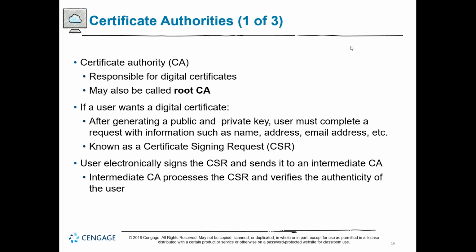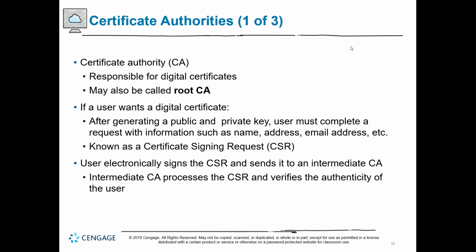If a user wants a digital certificate, they have to generate a public and private key. The user must complete a request, typically known as a certificate signing request, CSR, and the user must then electronically sign the CSR and send it to an intermediate certificate authority.